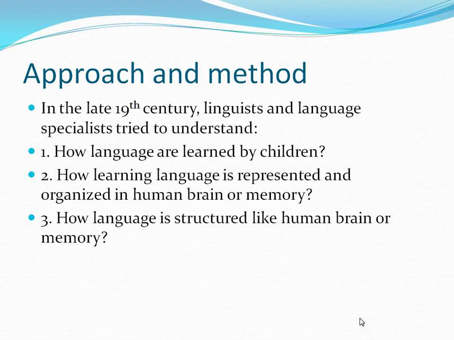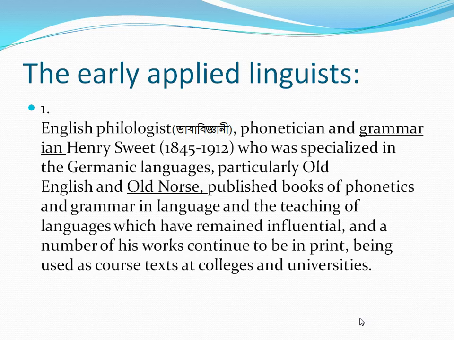Such kinds of questions came into the discussion of English language teaching: how language is structured in the human brain or memory. In this regard, the English phonologist, phonetician and grammarian Henry Sweet, who was a specialist in Germanic languages, particularly Old English and Old Norse, published books of phonetics and grammar in English.